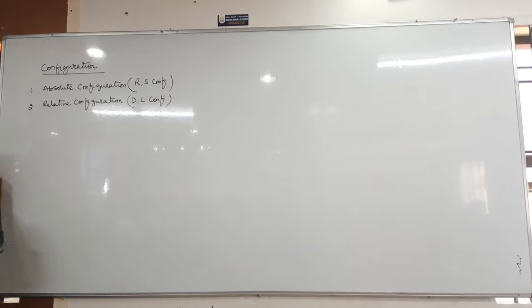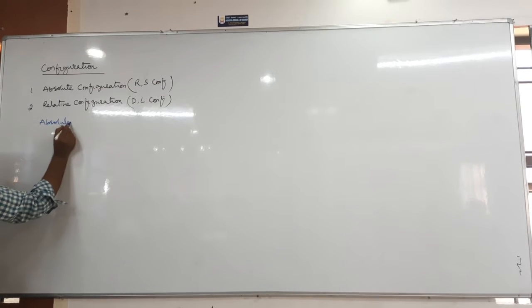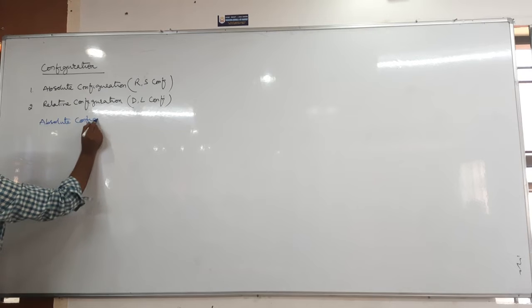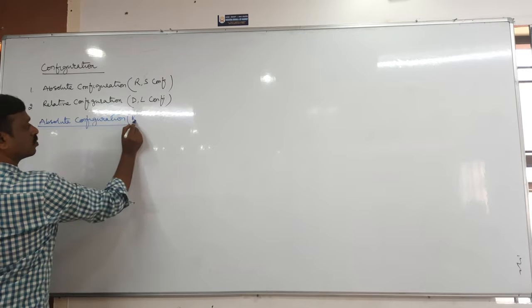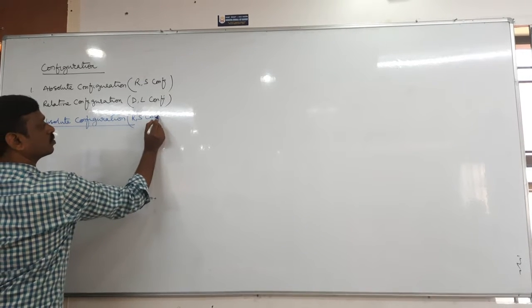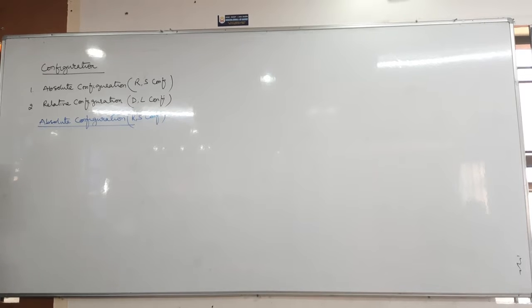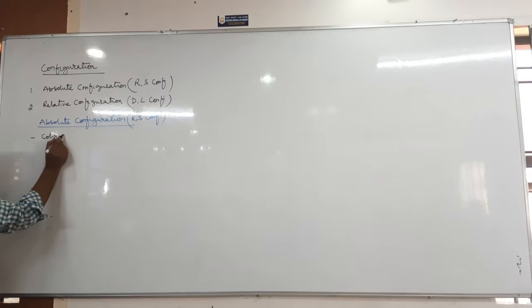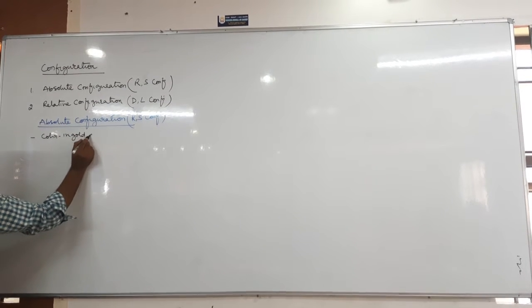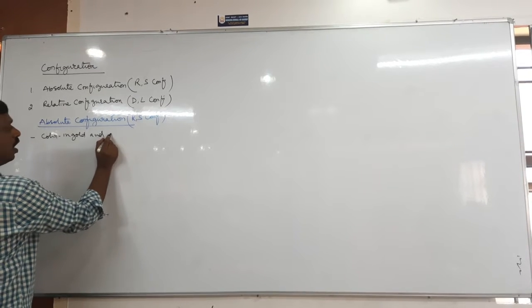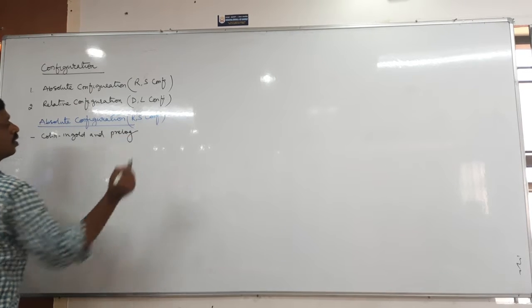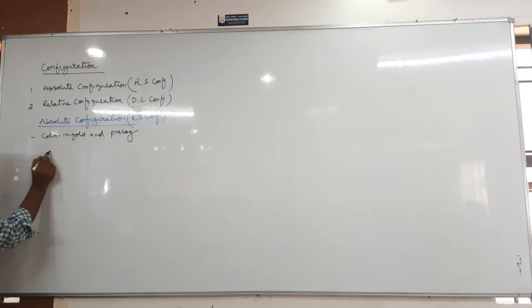So let us see first absolute configuration. This absolute configuration was given by Cahn-Ingold-Prelog, whom we have studied in EZ nomenclature. It is proposed by Cahn, Ingold and Prelog, and given as the CIP rules.